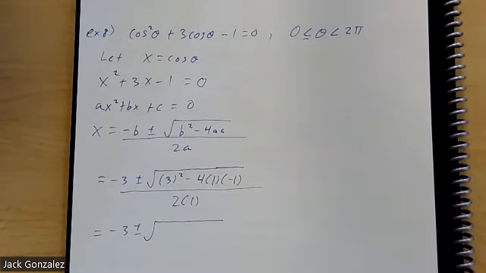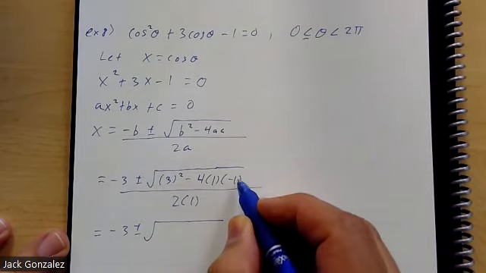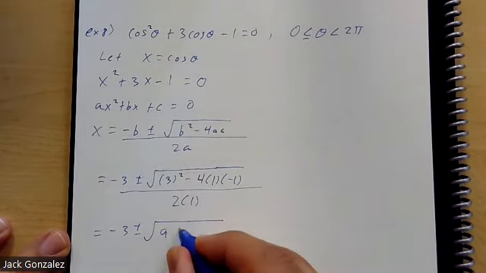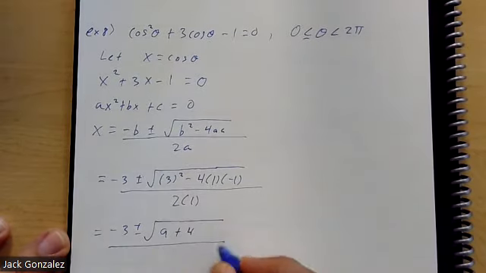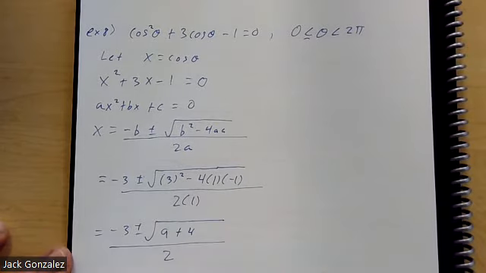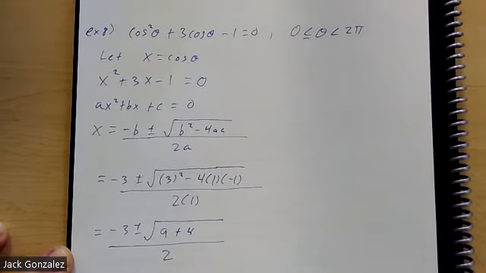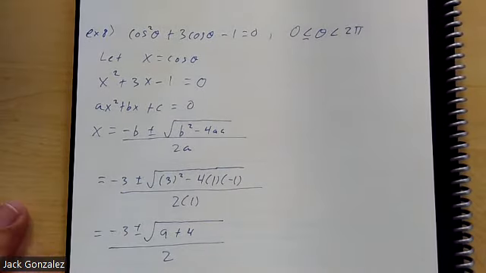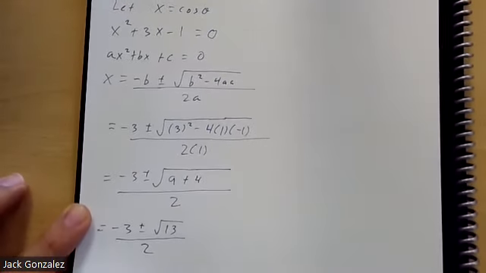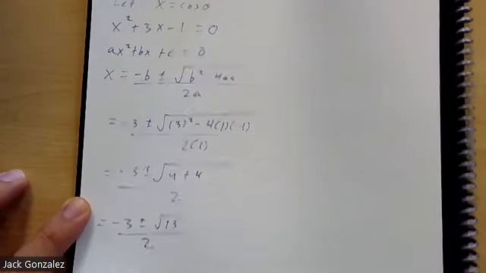3 squared plus 4. Yeah, negative 4 times 1 times negative 1 would be positive. This is 9 plus 4. Okay. All right.